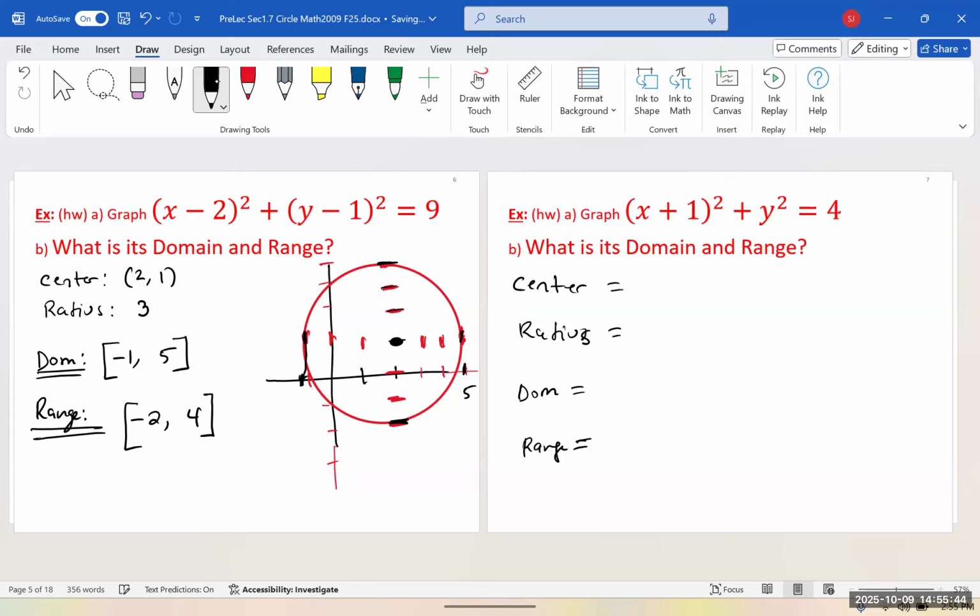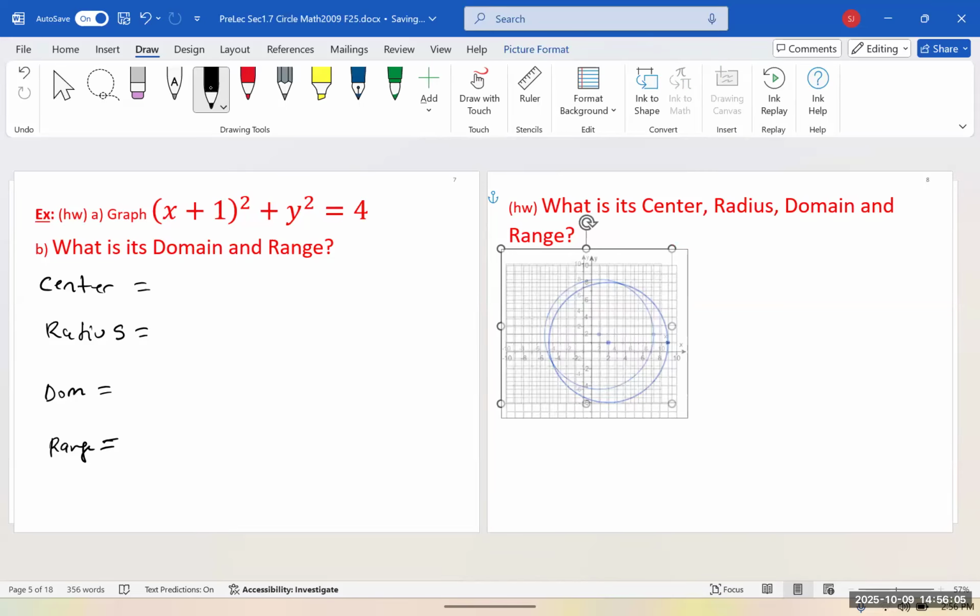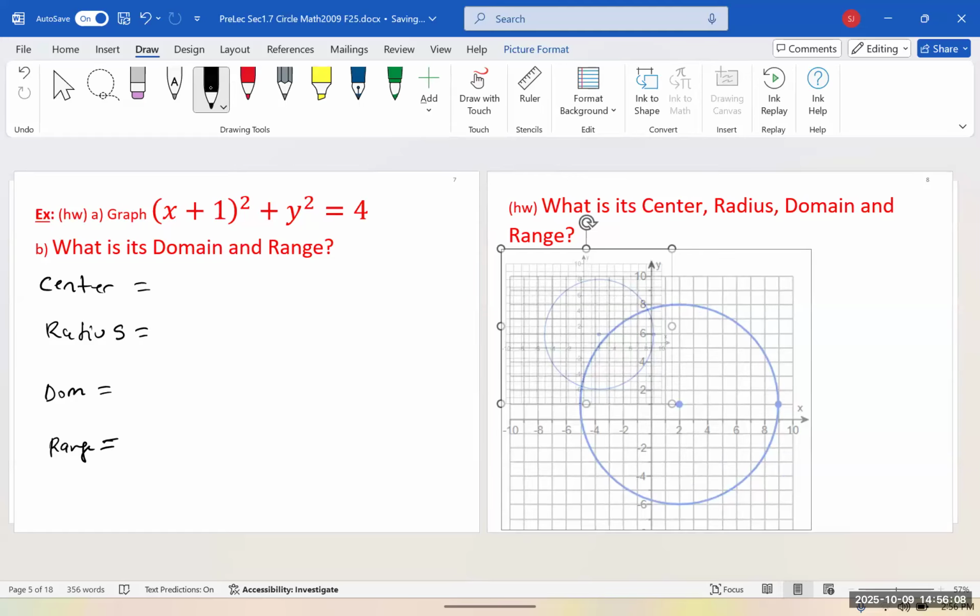All 5 things. And then you're going to do the other way around. Can I make it bigger? Yeah.